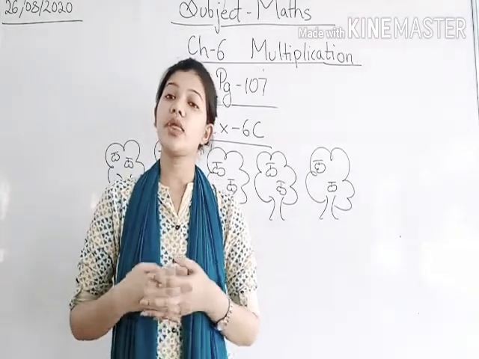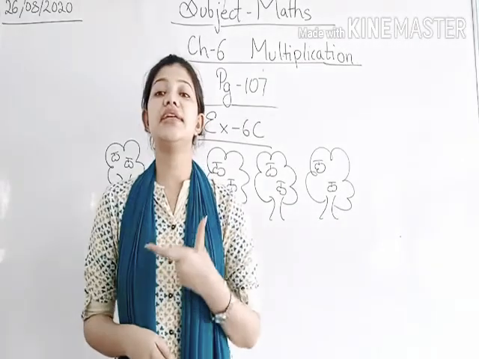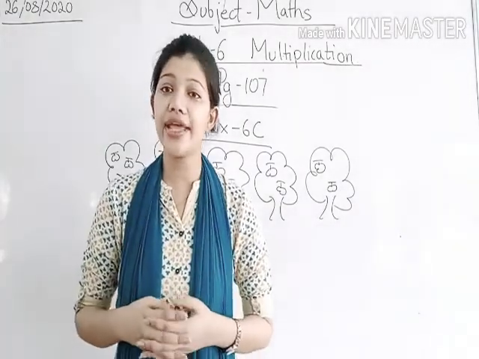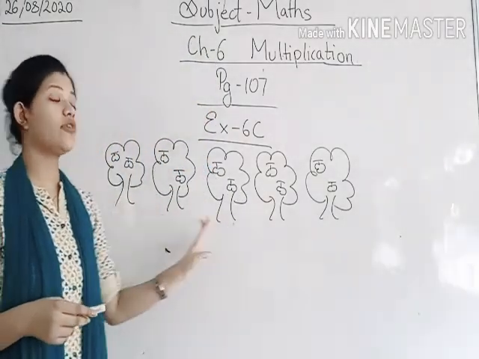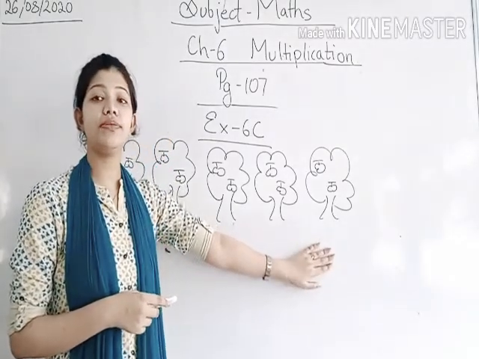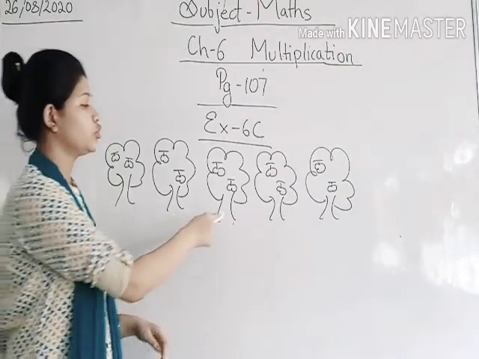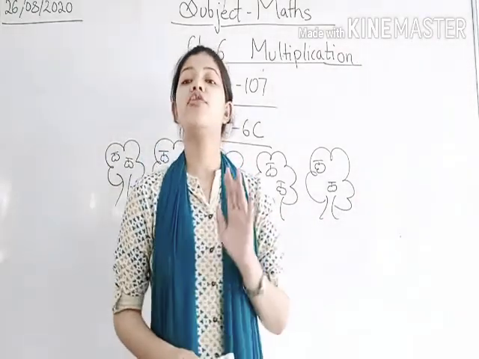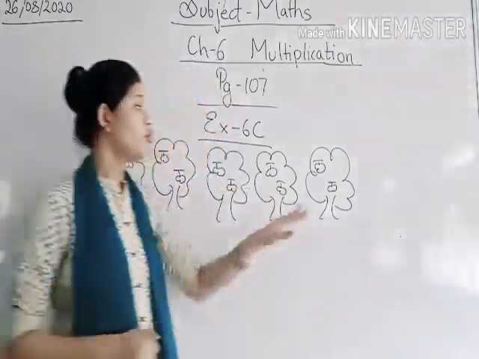As you know, the first factor tells us how many equal groups there are. Can you tell me with the help of this diagram? Let's count. 1, 2, 3, 4 and 5. There are 5 equal groups.